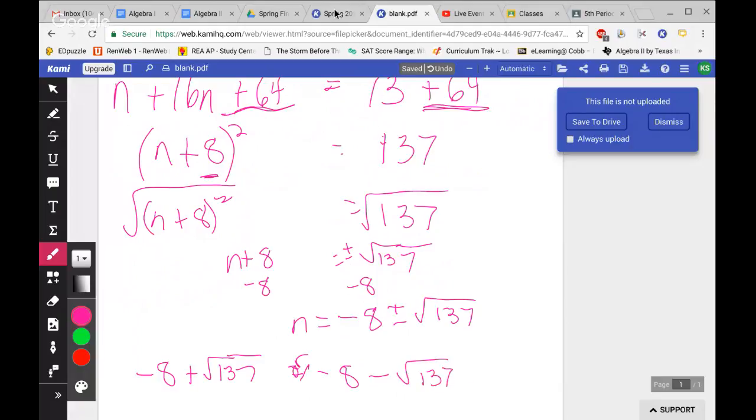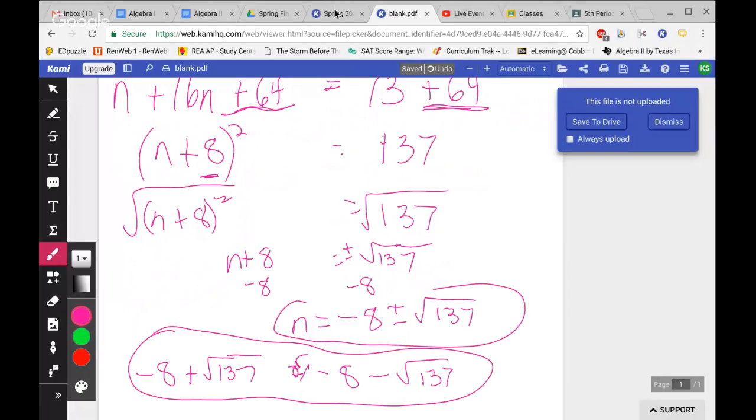And those are my two answers. You can write it this way, longhand with both answers, or you can write it this way. Does that make sense? Yeah.